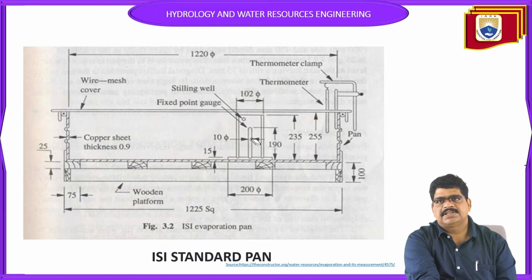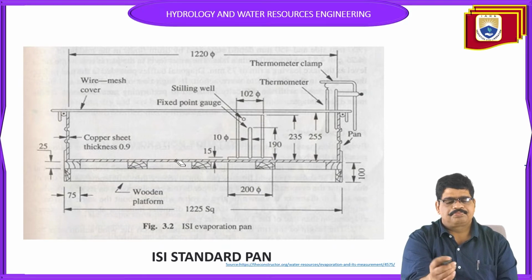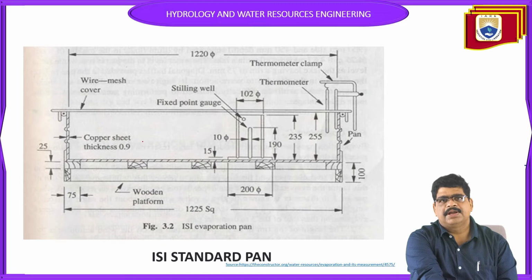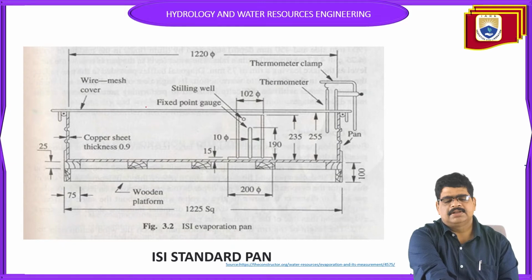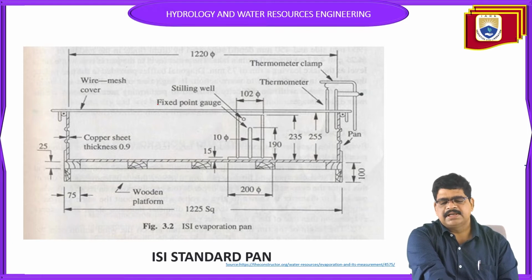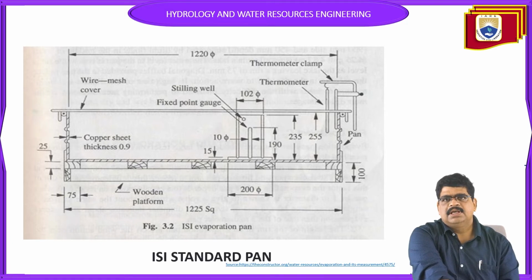There is also a copper sheet inside, and the pan thickness is 0.9 mm. A wire mesh is provided at the top, as shown, for protecting against insects, atmospheric dust particles and waste particles, which cannot then enter the pan and disturb the evaporation.